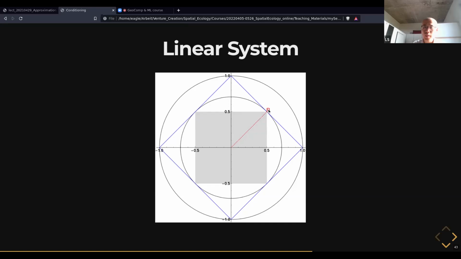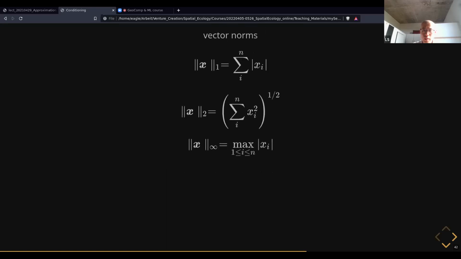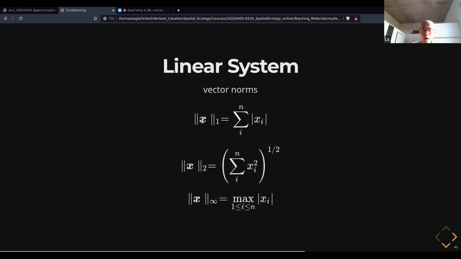The coordinate of P is (0.5, 0.5), because it's 0.5 on X and 0.5 on Y, so the coordinate is pretty much the vector representation of P. Given this, I'll ask you to calculate the 1 norm, 2 norm, and infinity norm for this P value.